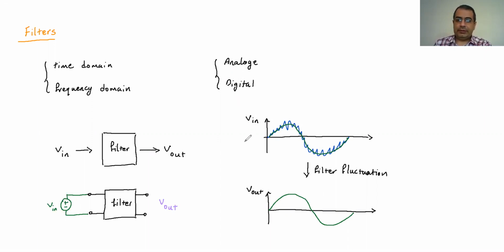So I get this input signal that contains the general trend and some fluctuation, and then assume I filter out all the fluctuation. I have some kind of filter that leaves the main trend untouched but removes the fluctuation, and after it's filtered out, it gives me this as an output. So this is how it can actually work.